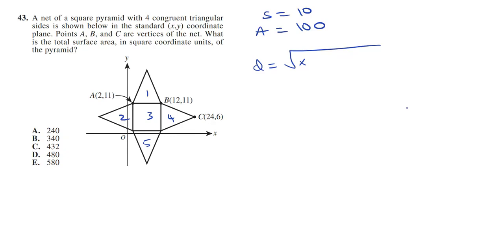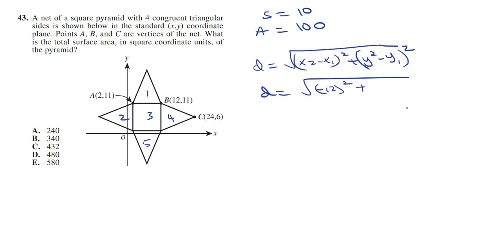So d here is going to be the square root of 12 minus 24, that's negative 12 squared, plus 11 minus 6, 5 squared. So d here is going to be the square root of 144 plus 25, which is square root of 169, and that is 13.